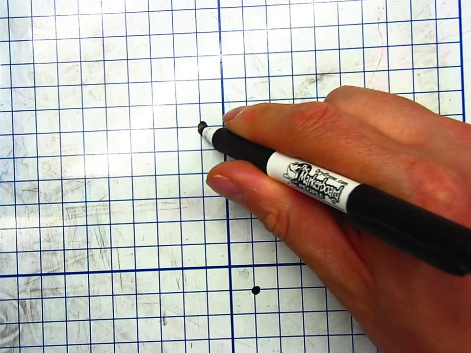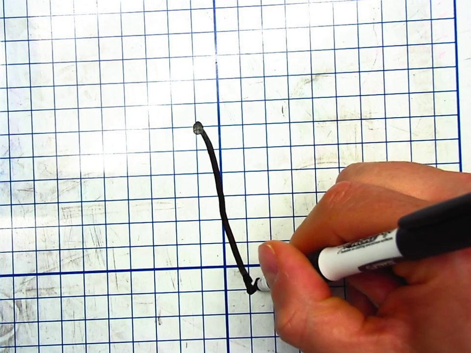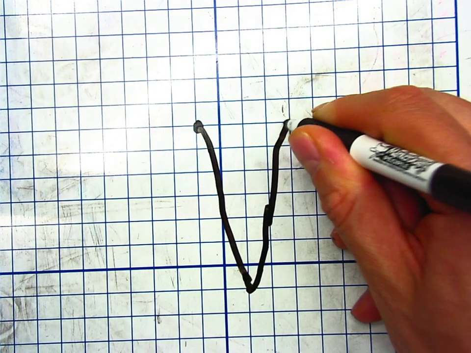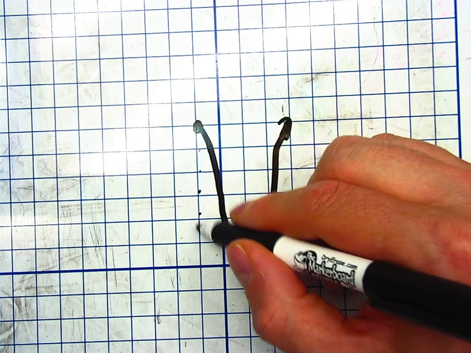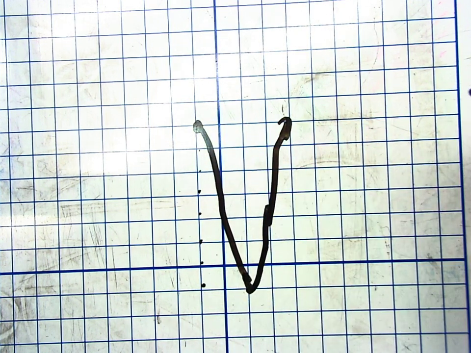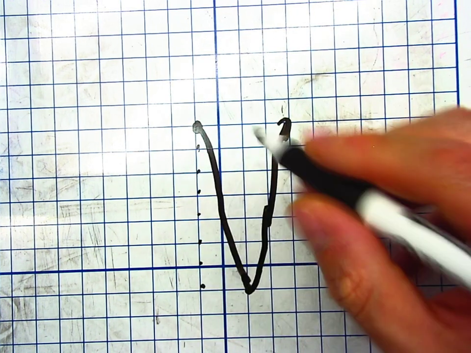So if I say I have a function that has something going on like this, a cosine function has something going on like this, what is the amplitude here? It goes 1, 2, 3, 4, 5, 6, 7, 8. It's 8 tall total, right?